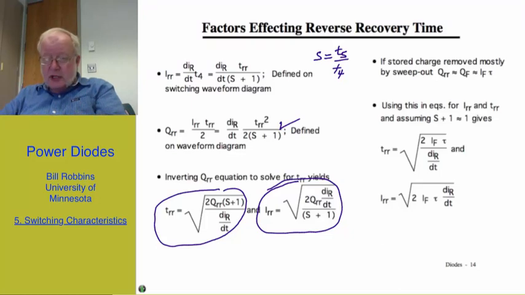Using this relationship in the equations that I've already talked about for I sub RR and T sub RR, we get this equation for the reverse recovery current and this equation for the reverse recovery time. And you'll notice that the larger I sub F is, everything else being constant, you're going to have a longer reverse recovery time. And similarly, the larger the forward current, the larger the reverse recovery current is going to be, everything else remaining constant.